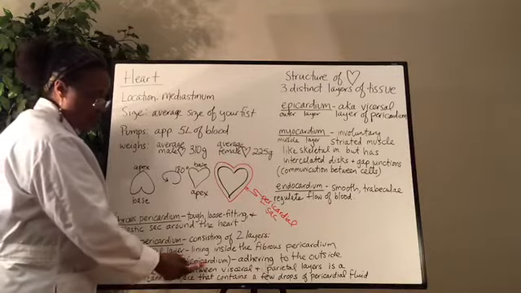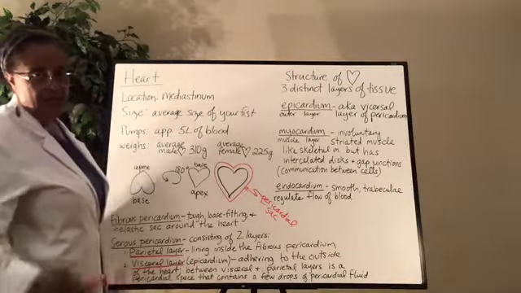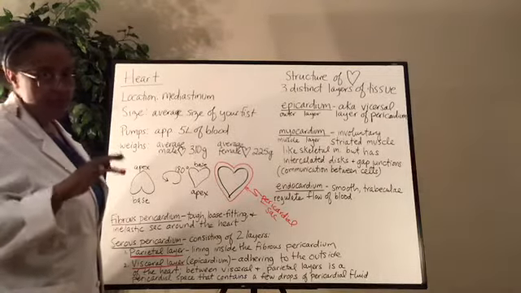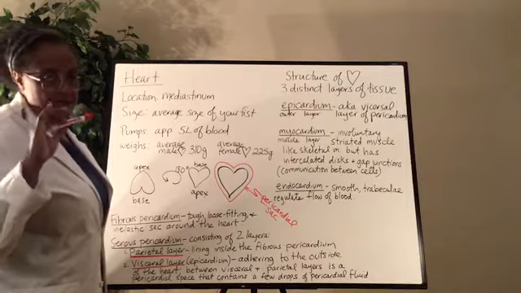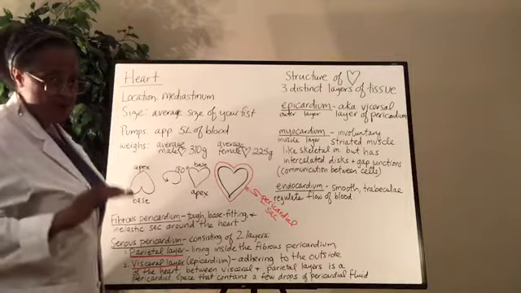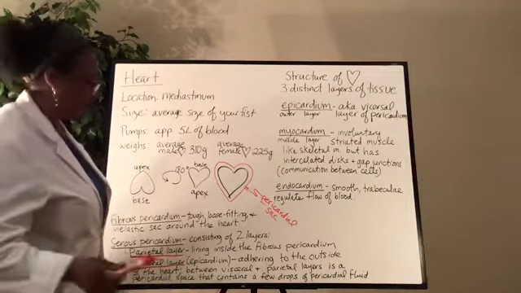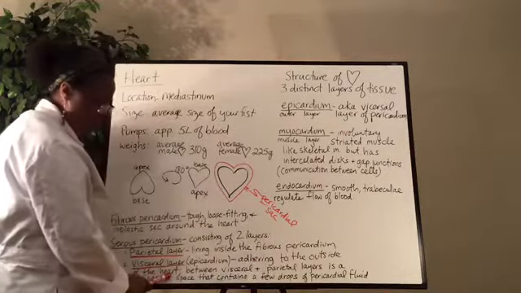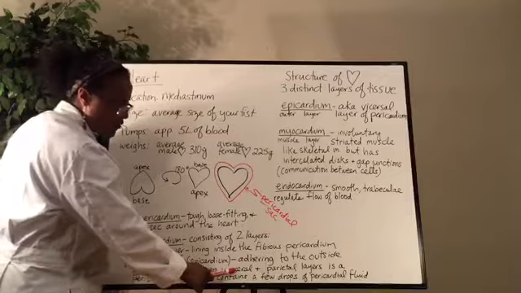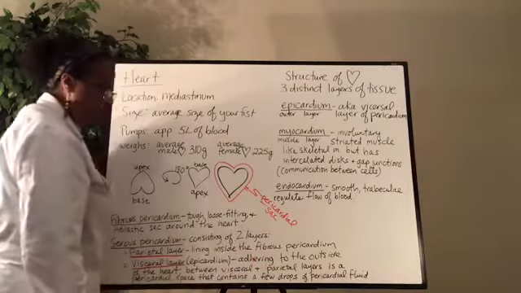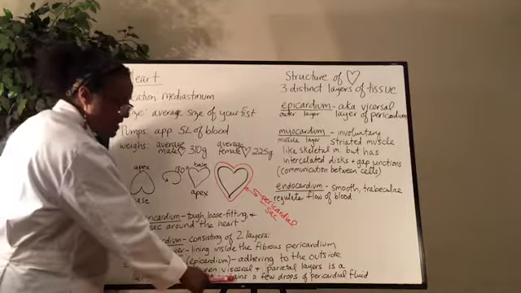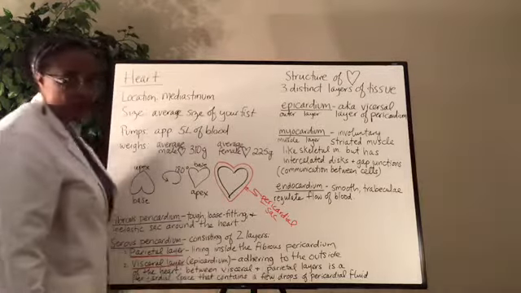A visceral layer is also known as the epicardium. Epi meaning above the heart. So just above the heart, the visceral layer, which is intimate with the heart, the tissue itself, adheres to the outside of the heart. Between the visceral and the parietal layers is a pericardial space that contains a few drops of pericardial fluid.